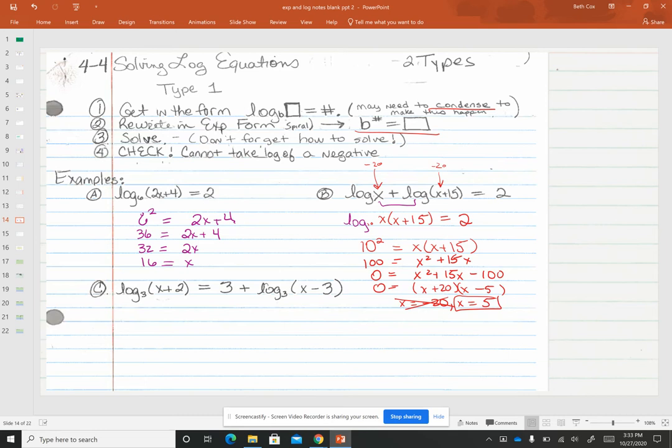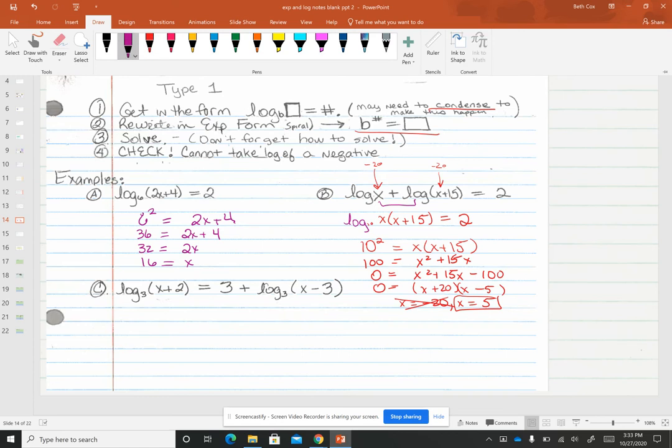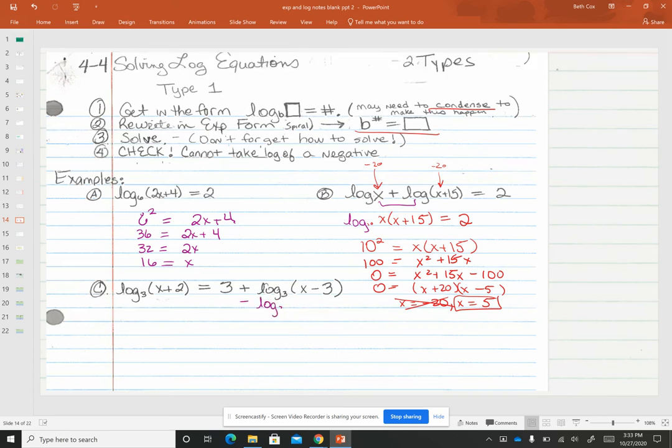Okay, so this next one, I'm going to have to do a subtracting of the log base 3 on both sides first. Remove it from that side. And so then I'm going to have log base 3 of x plus 2 minus log base 3 of x minus 3.